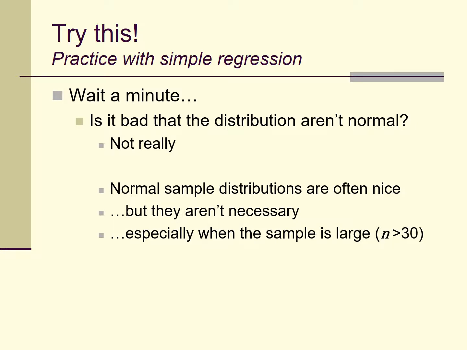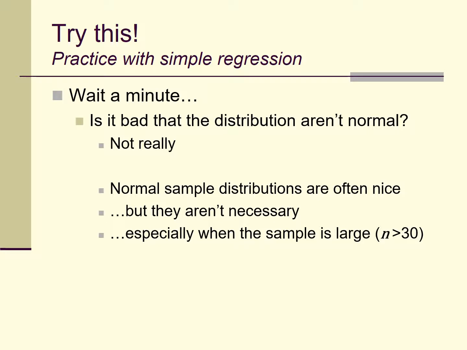Again, sample distributions that are normal are nice, especially if we expect them to be normal, especially if we have larger samples, but they're not absolutely necessary. A lot of the calculations we're going to make, calculations of means, calculations of test statistics, and so on, are going to work just fine, or at least the sampling distributions are going to be very usable if we have large samples.